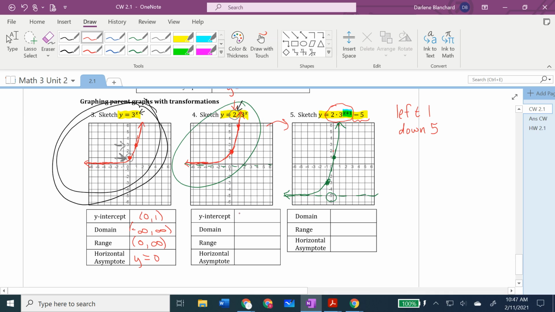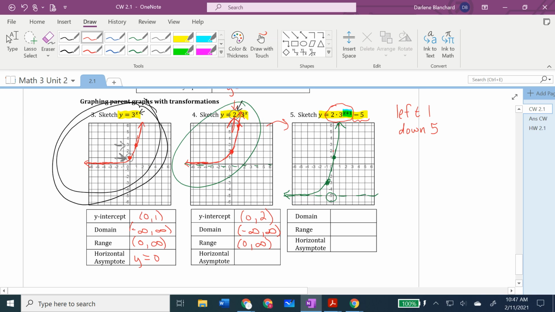The y-intercept changes when you stretch, and it happens to change to whatever number is multiplying to the function. The domain remains negative infinity to infinity. The range remains 0 to infinity.